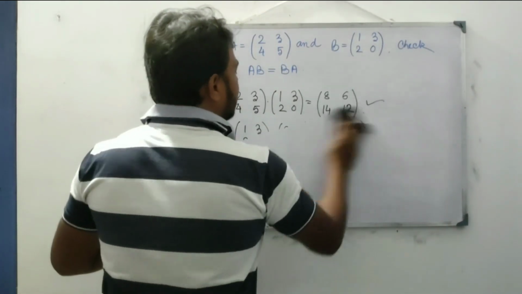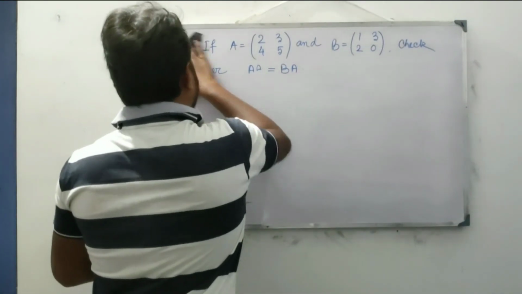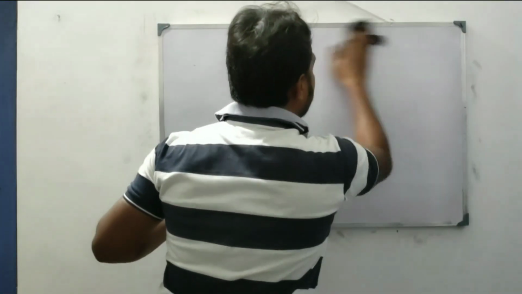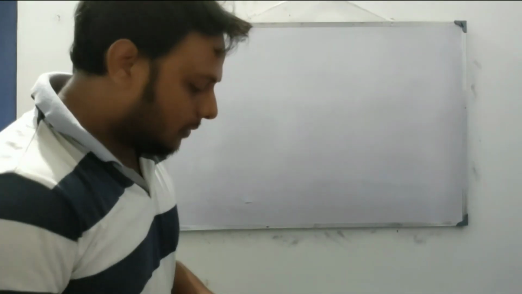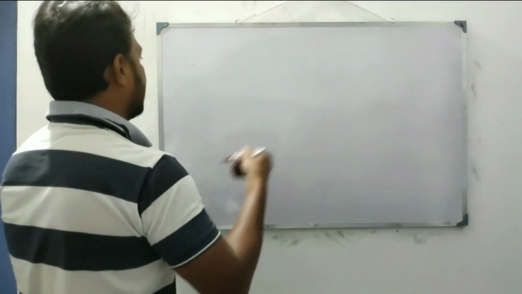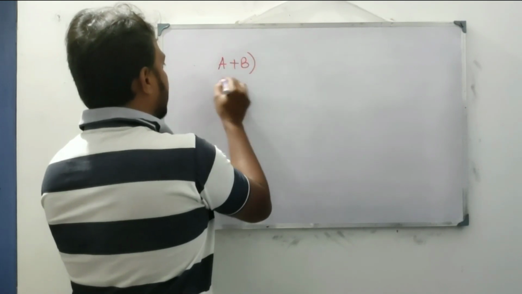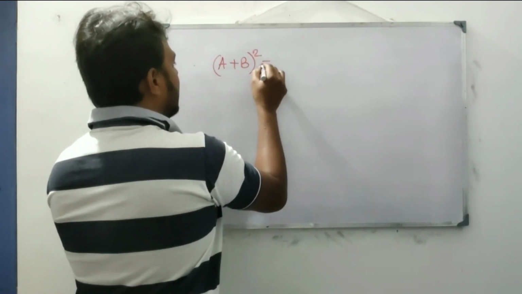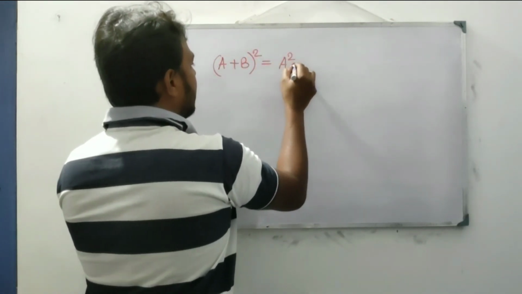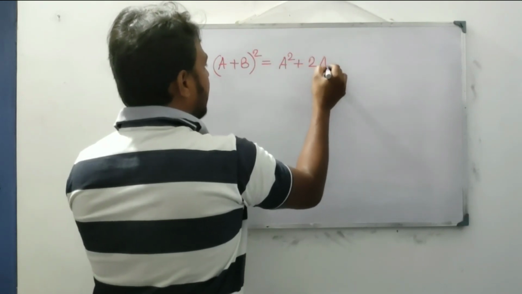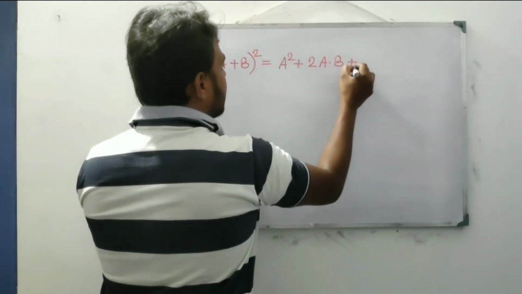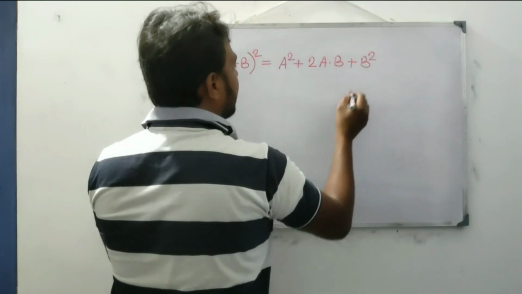Now some interesting problems in matrix theory. Is A plus B whole square equal to A square plus 2AB plus B square?